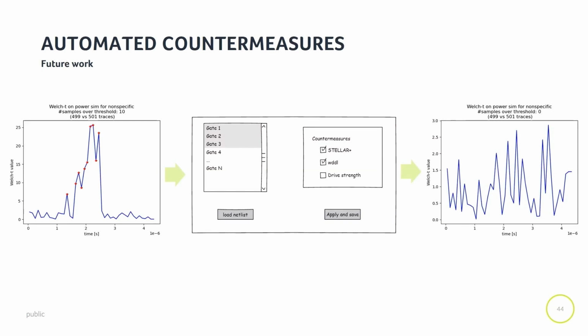If we can isolate the leakage to like 10, 30% of the design, even if we would double the area on only those gates, we'd still be cheaper than doing a full-blown masking. So we're looking at this from a countermeasure injection standpoint. If we have this list of gates, can we do a netlist transformation to get a more secure design out?